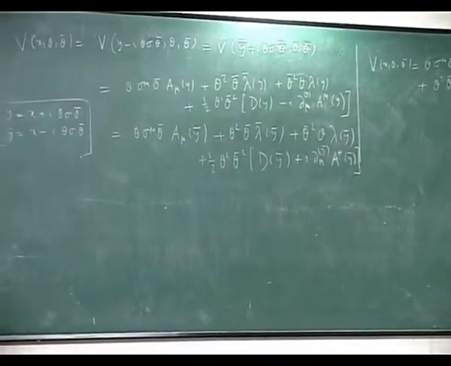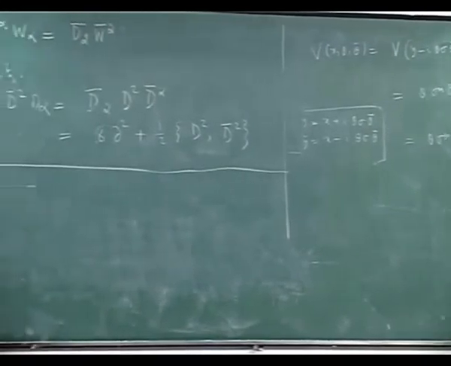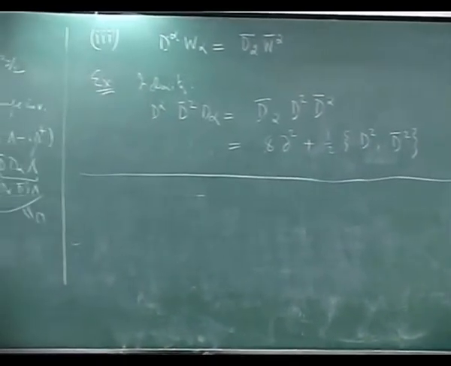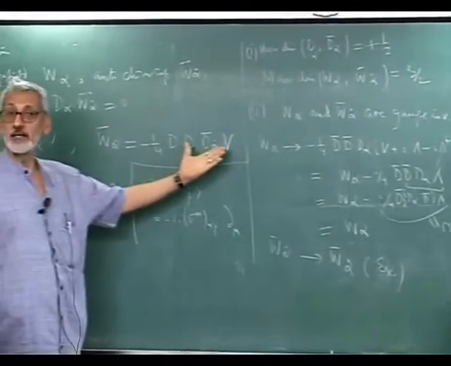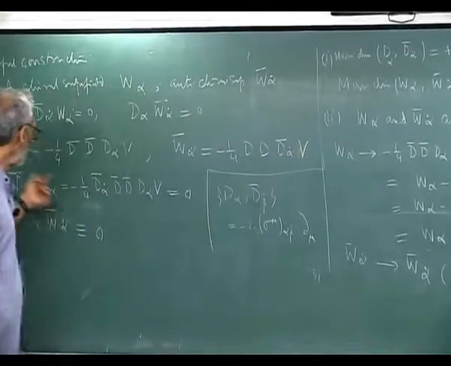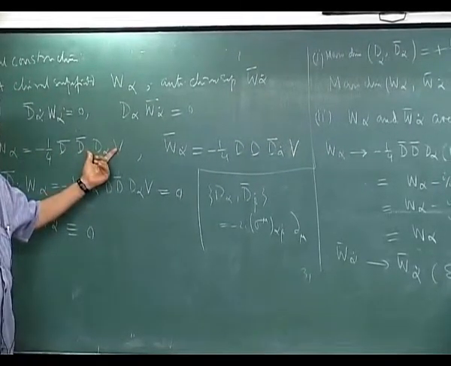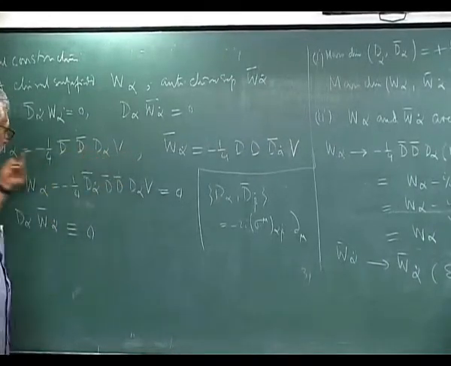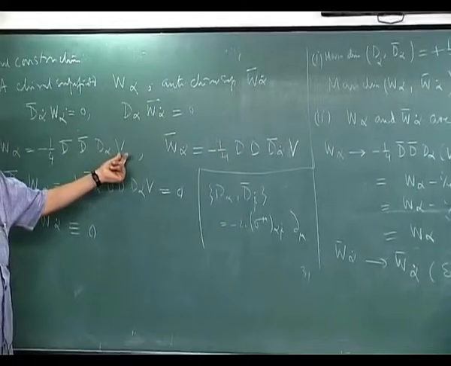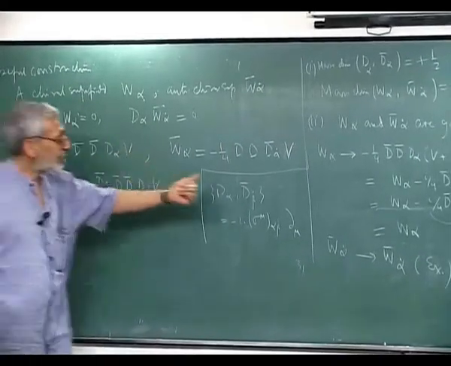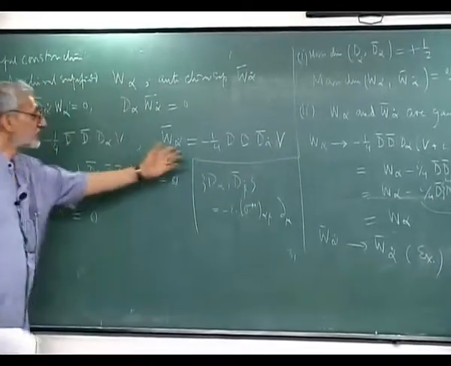So now I have written V as a function of y or as a function of y bar, because W bar has to be written in terms of y bars, and W, a chiral superfield, has to be written in terms of y's. So in order to find the expansion for this, I use the expression of V as a function of y, and here I use V as a function of y bar, and work out these derivatives.